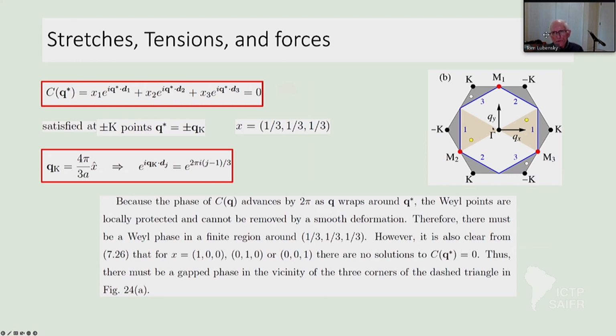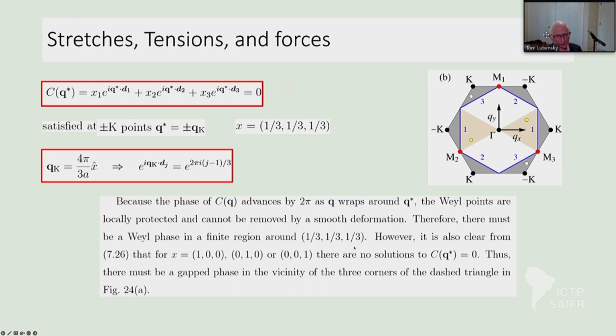There's no discontinuous change. If I have this x 1/3, 1/3, 1/3, it has to exist over a wider region. Therefore, there must be a Weyl phase in a finite region around the 1/3, 1/3, 1/3.